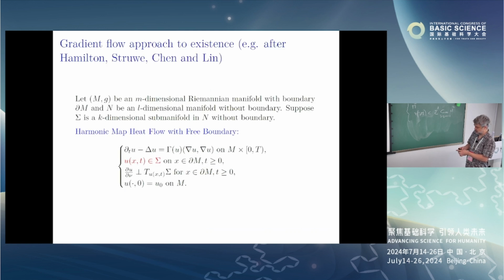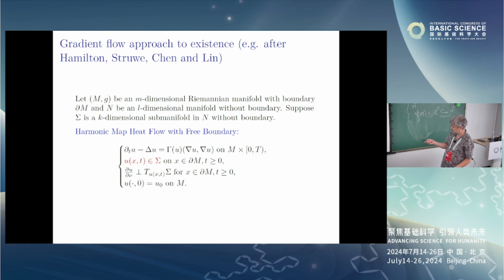As you can imagine, once again, you can build a flow. Actually, it's been considered by Hamilton, Struwe, Chen, and Lin, right? And if you look at what it is, this is a heat flow of the H1 energy, right?